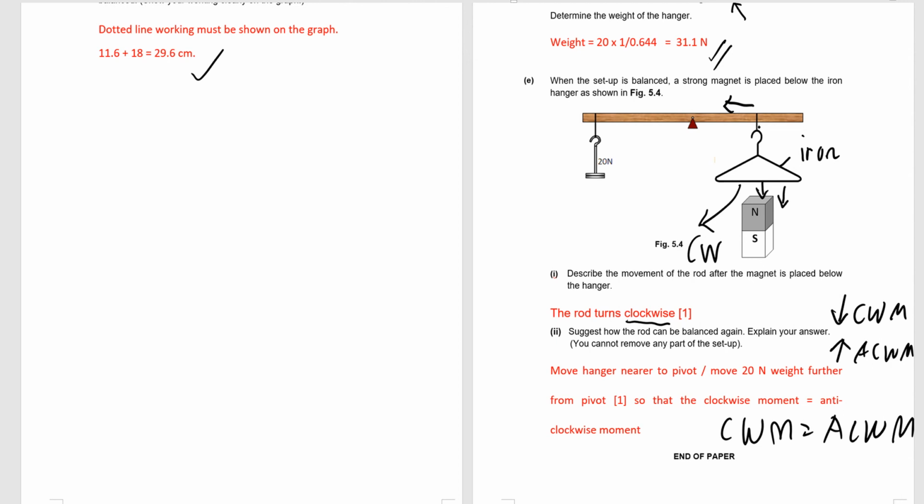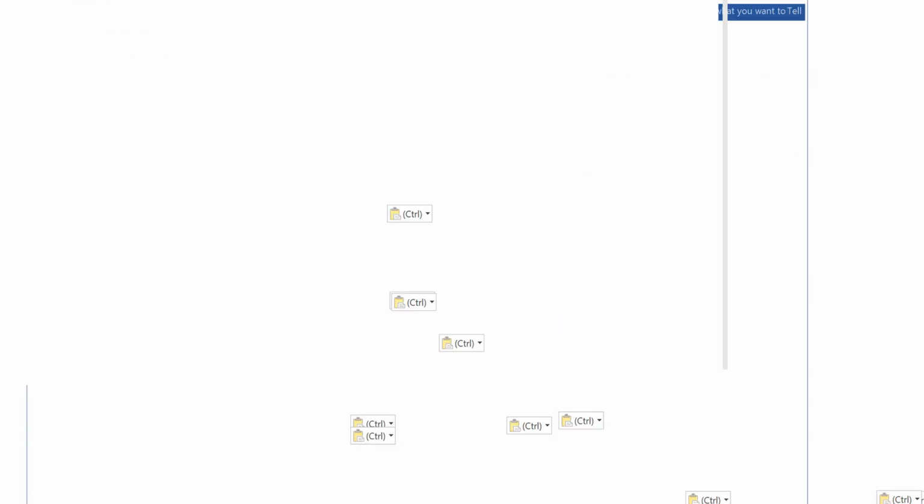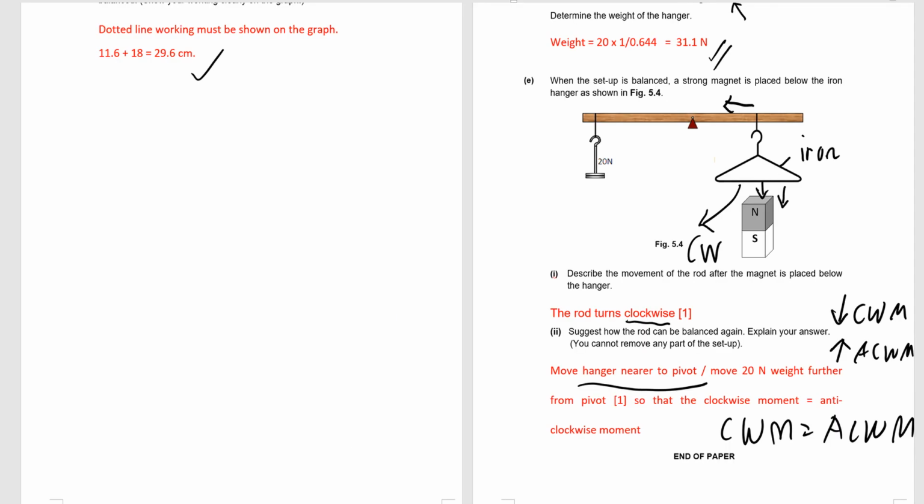So that's one way. So that's what it means by move the hanger closer to the pivot, because in this case, your D, let me see if it's D1 or D2. So in this case, your D2, oops, sorry. So when you move it nearer, your D2 will be smaller.